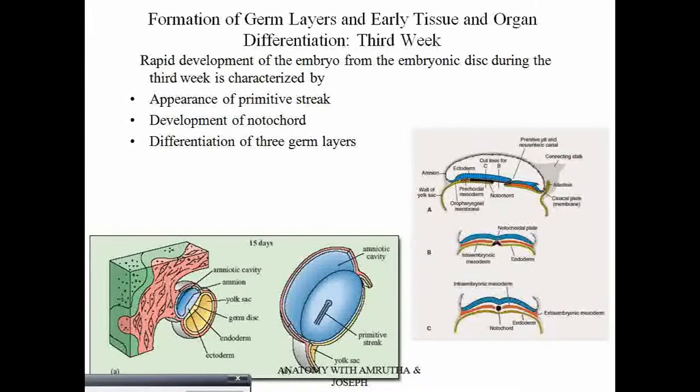Let's see. Rapid development of the embryo from the embryonic disc during the 3rd week is characterized by the appearance of the primitive streak. Now we are going to see some new things here: primitive streak, development of the notochord, and differentiation of the 3 germ layers.